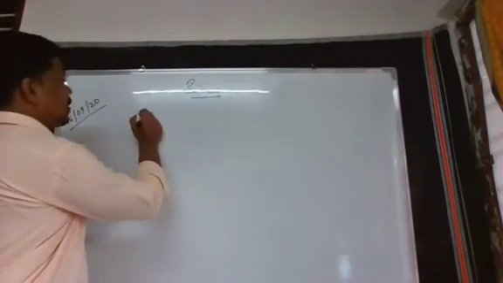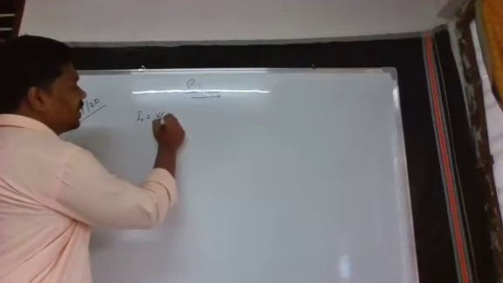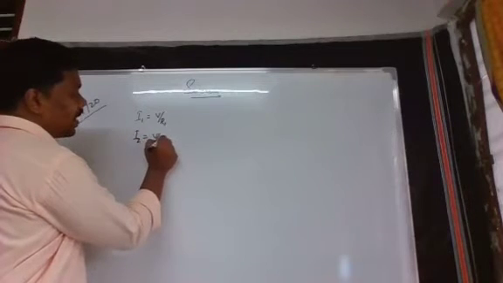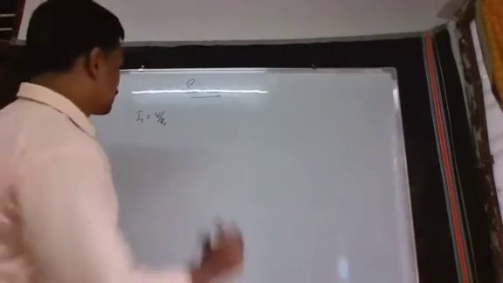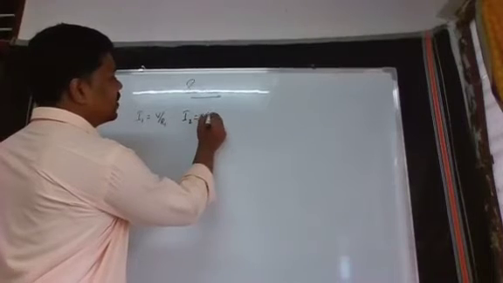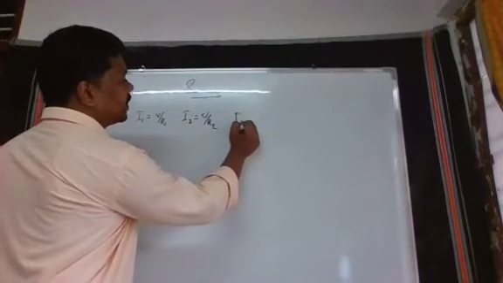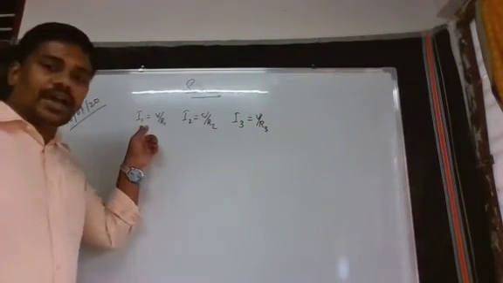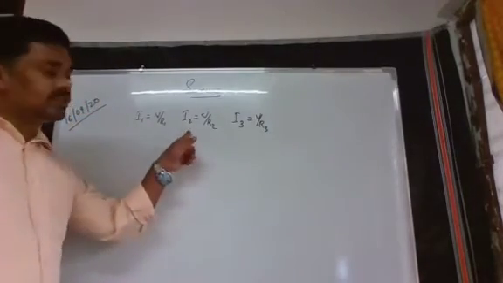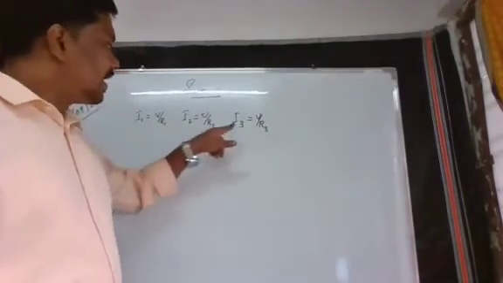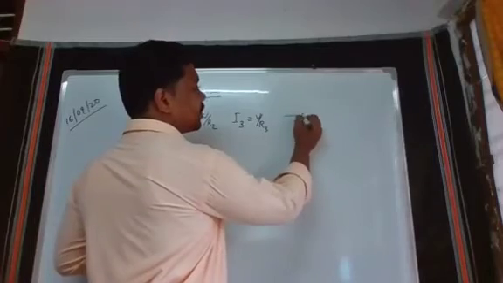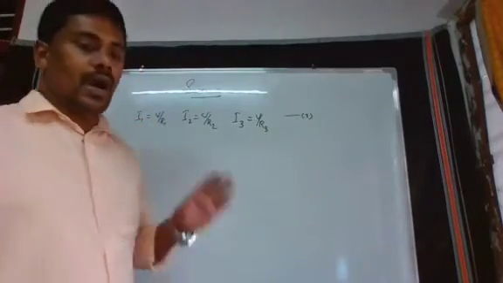I1 is equal to V by R1, I2 is equal to V by R2, and I3 is equal to V by R3. We know that I1 is the current through the resistor R1, I2 is the current through the resistor R2, and I3 is the current through the resistor R3. We have applied Ohm's law to the resistors separately.